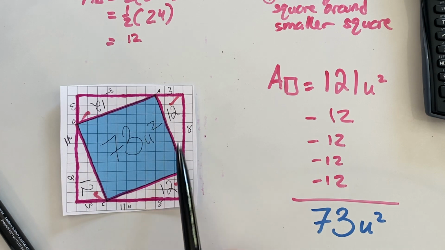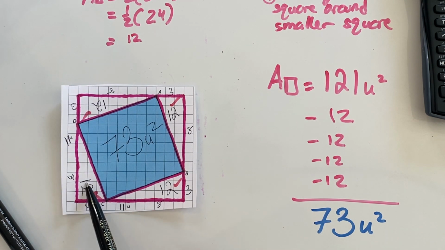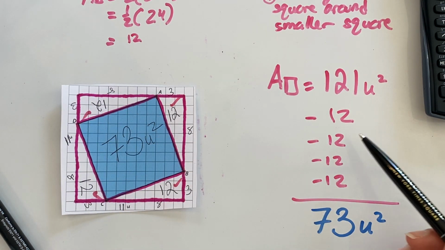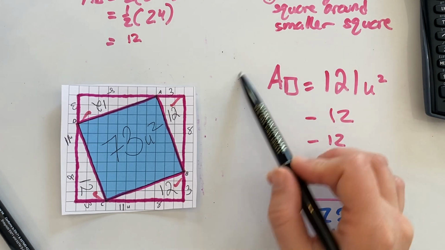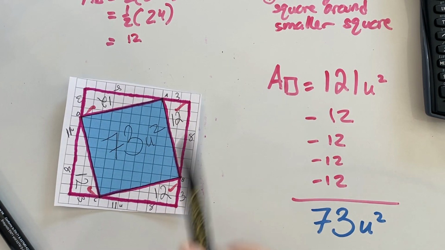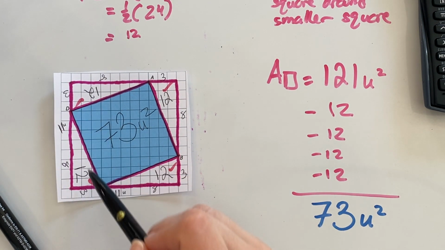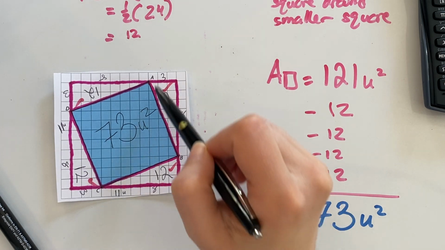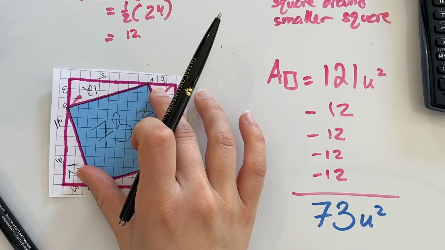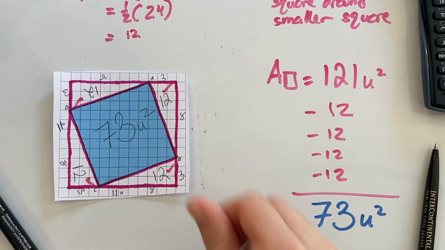Then you find the areas of each of the surrounding triangles. Once you find all of those areas, you're going to subtract those from the whole. So here's my whole. You're going to take away these surrounding triangles, and then it will provide you with the leftover. And the leftover is the shaded region. So we found this slanted square is 73 units squared.